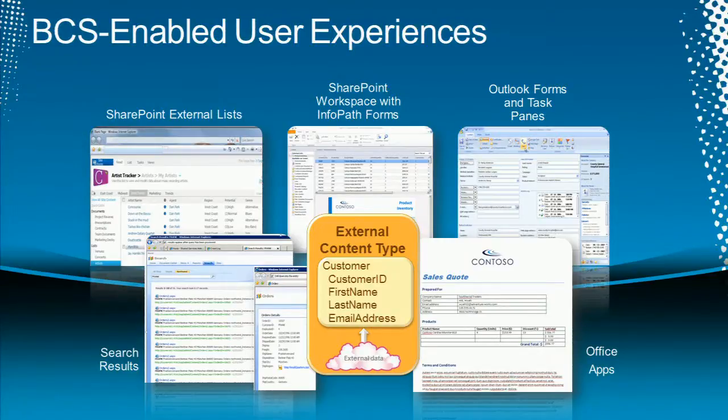So that's the external content type. That's what makes it up. It's just an XML file that lines out what the connection is to that back-end data, okay, and how we're going to connect to it.